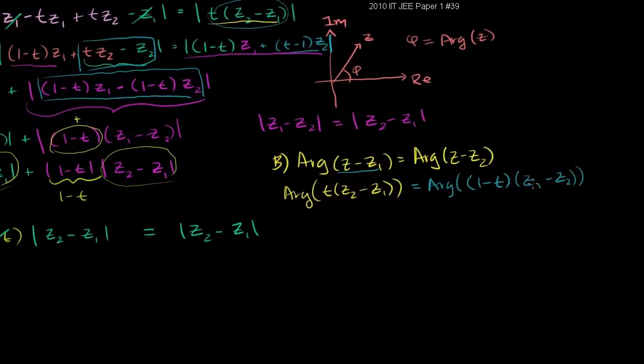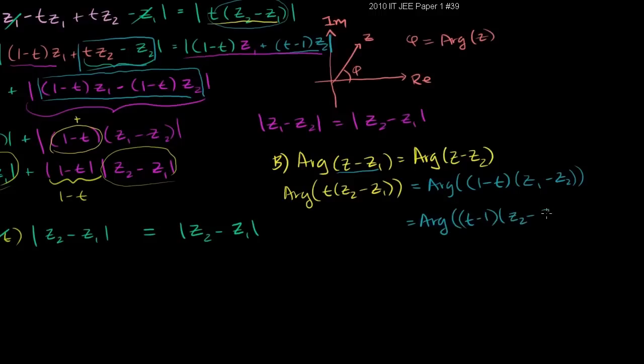Or, so that we can get it in the same form here, let's multiply this times -1 and this times -1. So I'm multiplying by -1 twice, so I'm not changing the number. So the statement is claiming this is equal to the argument of t minus 1.